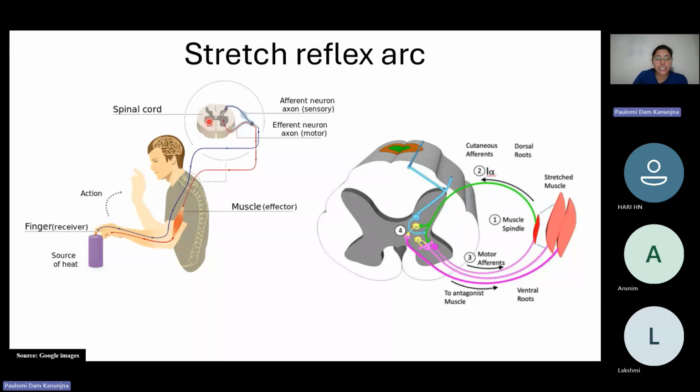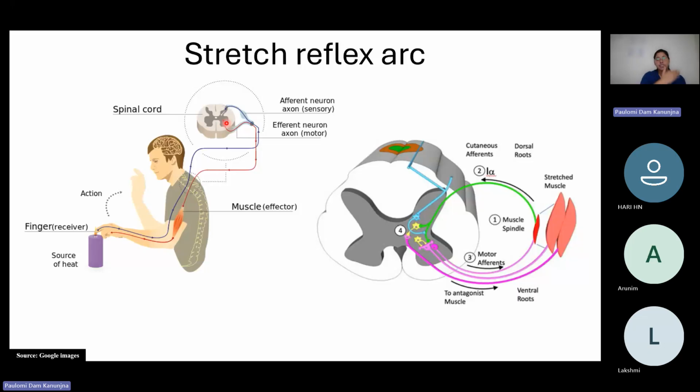Now, the spinal cord is here called the integration center, which is basically processing all the different information that it is getting. From there, whatever decision it takes, like the forward kick of the knee or the removal of your hand from the hot object, that decision is then passed on to the efferent neuron. Efferent is something that is coming out, something that emerges out.